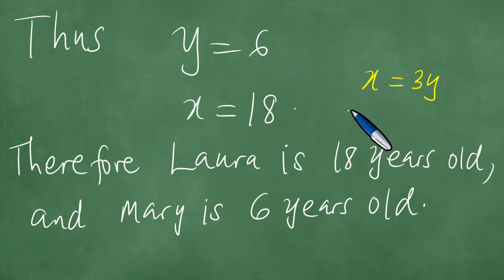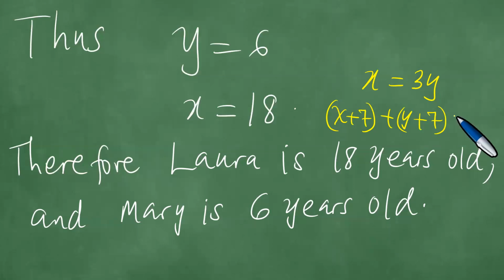But also there's another equation that said that x plus 7 together with y plus 7, the result actually is 38 years. How true is this? Because if you add x plus 7, or Laura's age plus 7, you get 25. You add 6 plus 7, you get 13. And now if you have 13 and 25, it's exactly 38.